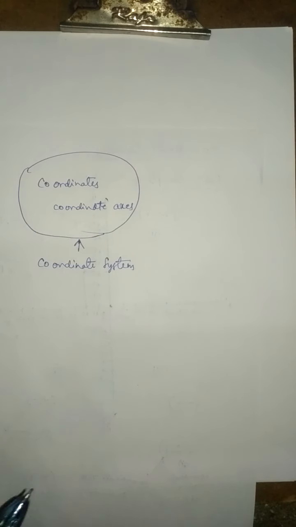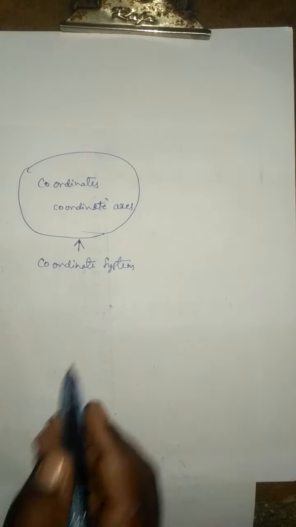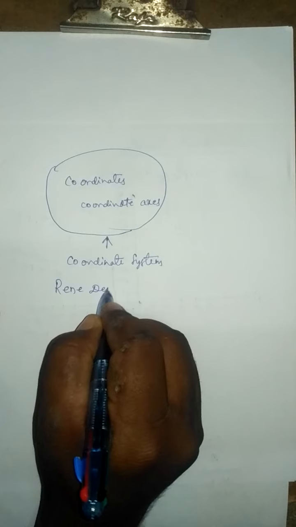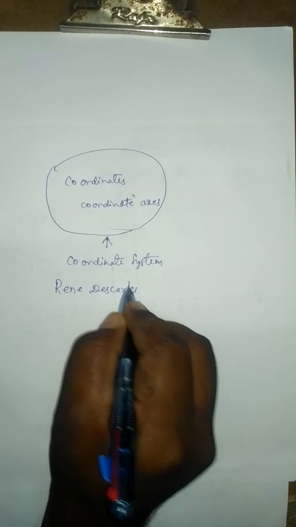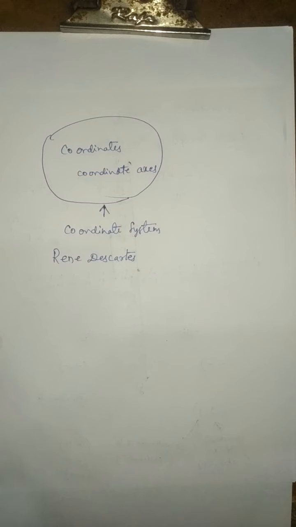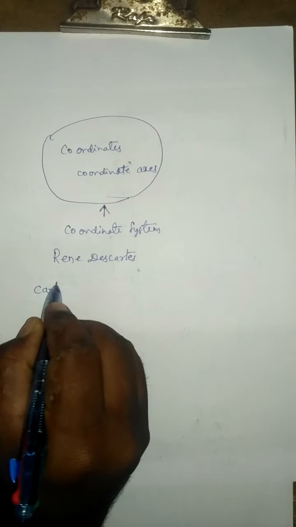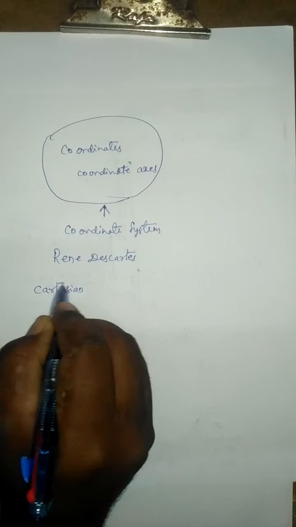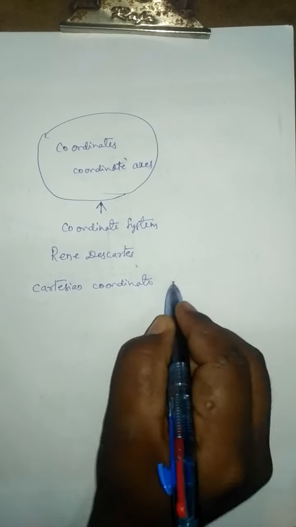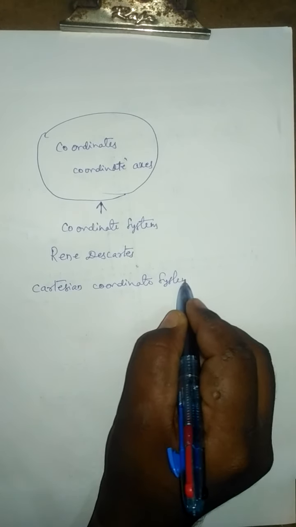This coordinate system was given by a great French mathematician, René Descartes. Therefore, this coordinate system we are going to call the Cartesian coordinate system.